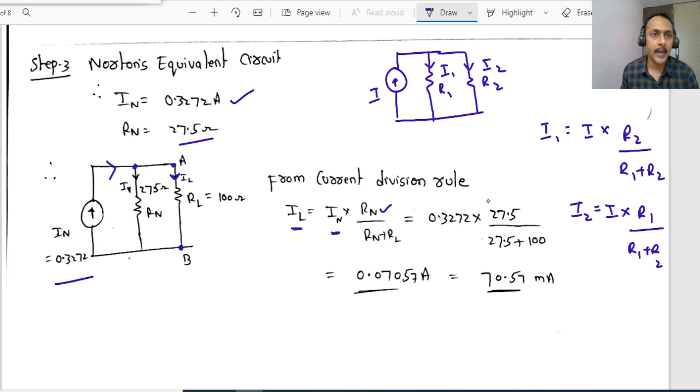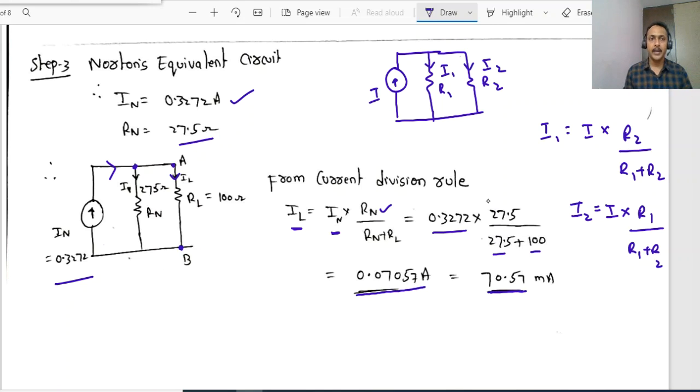So for this circuit, by applying the current division rule, IL equals IN, substituting the short circuit current, I Norton, that value 0.3272, into Norton's 27.5 divided by 27.5 plus 100. So this is the current. IL is how much, dear student? 0.07057. If I write it in milliamps, it is simply 70.57 milliamps.